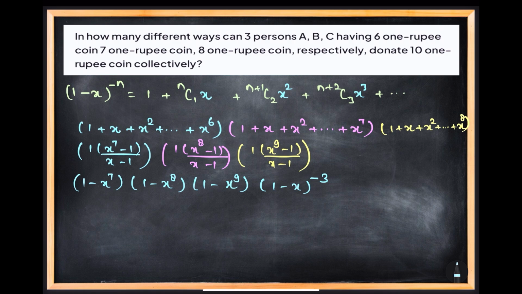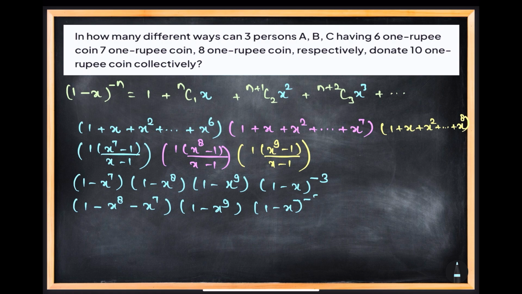Look at this. I am multiplying this and this. So 1 with 1 gives 1, 1 with minus x power 8, minus x power 7 with 1, and then minus x power 7 with minus x power 8 is x power 15, so not okay, ignore. Then 1 minus x power 9, now rewrite everything.